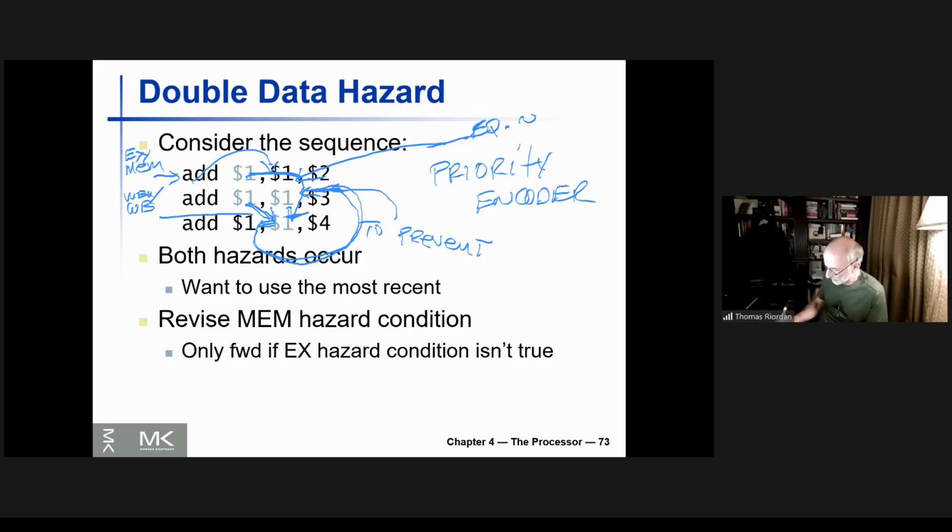So the first one is the EX MEM bypass, and the second one is the MEM WB bypass in his nomenclature. And so we'll just take the equation for the EX MEM and say, and not the equation for the MEM WB. So we only forward if the execution hazard condition isn't true.